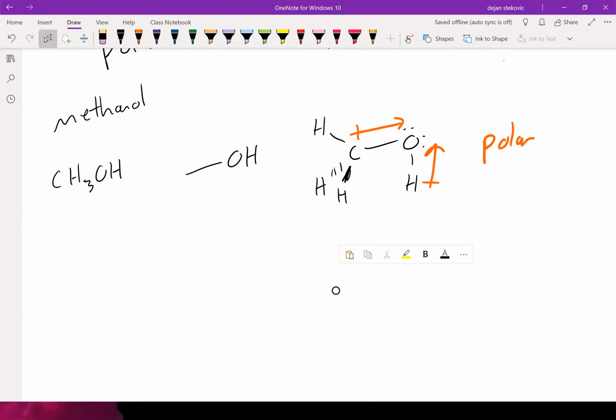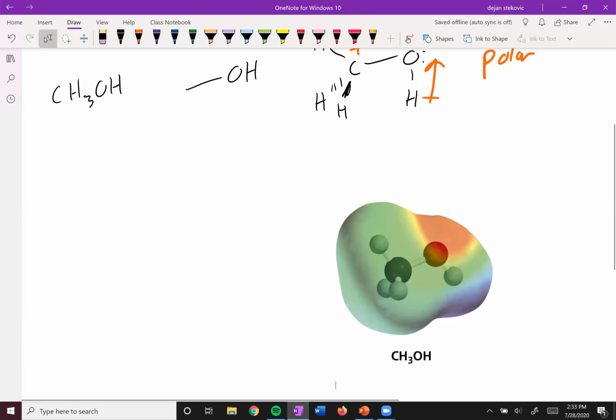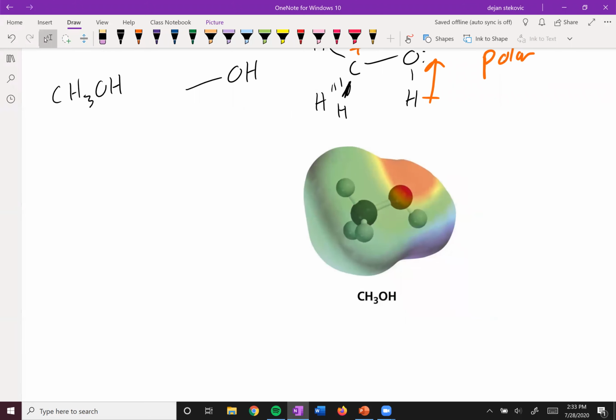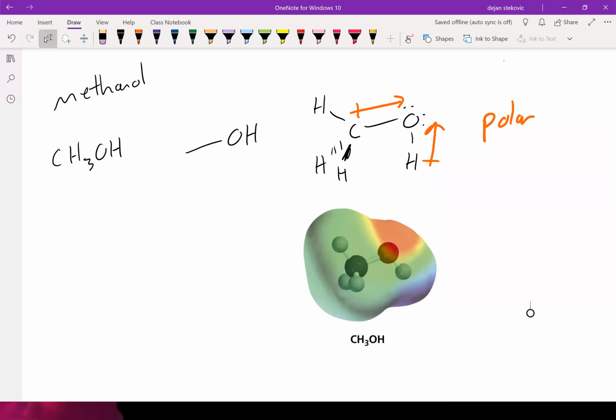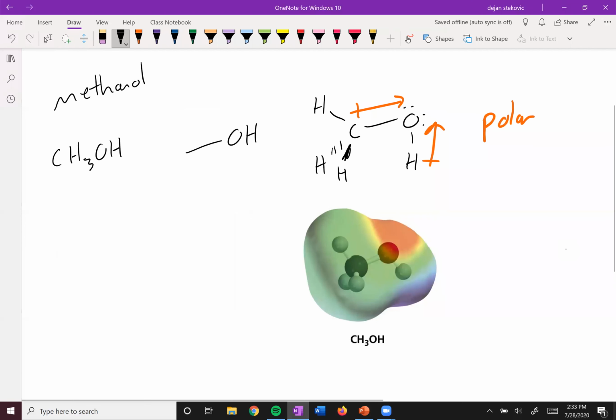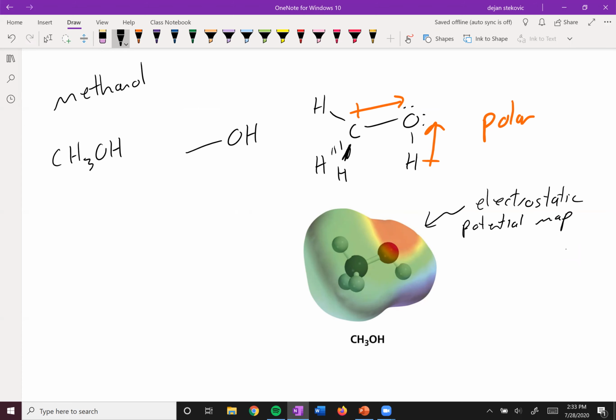And so we can also take a look at a picture of an electrostatic potential map that will show us this, right? So this is what's known as an electrostatic potential map. Where the red represents a lot of electron density.